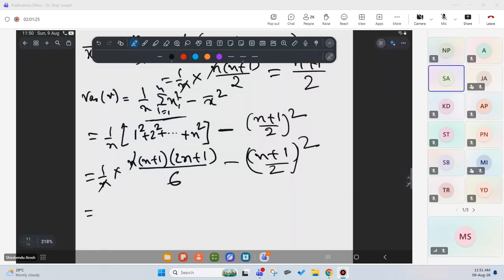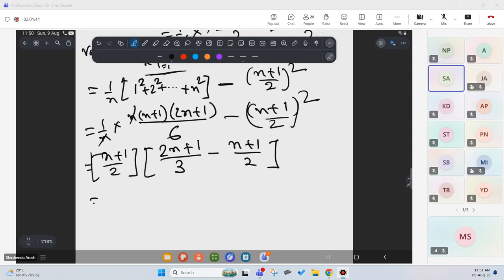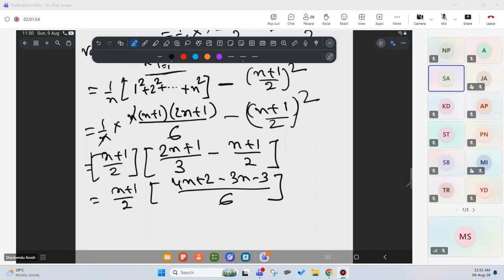Here, in both the cases, n plus 1 by 2 is common. So let's take n plus 1 by 2 as common and simplify whatever is inside this. We do some linear algebra: 2n plus 1 by 3 minus n plus 1 by 2, which gives n minus 1 by 6.